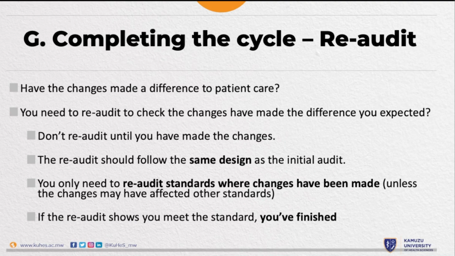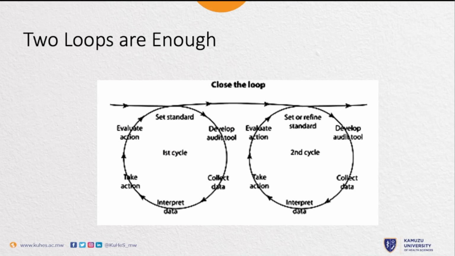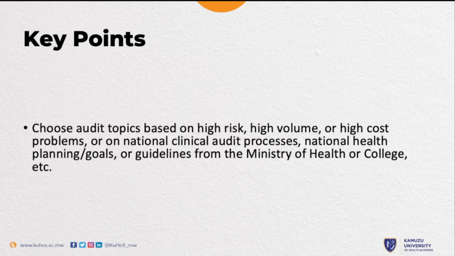Don't re-audit until you have made changes. You've done an audit, but no changes have been done, then someone else comes and does the same audit. No, that will not help you much. Do the re-audit only if you've implemented changes. Then after the change, do another loop. And it is said just two loops are enough.